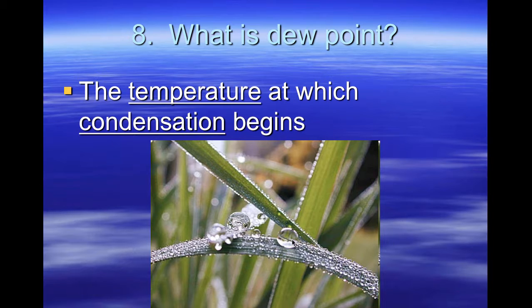It just needs water vapor, and it needs something to condense on, so this actually condensed on a leaf. This is not a picture of transpiration. This water did not come out of the leaf. Transpiration occurs as a byproduct of photosynthesis. This just happened as the water in the atmosphere cooled off and condensed on the leaf.